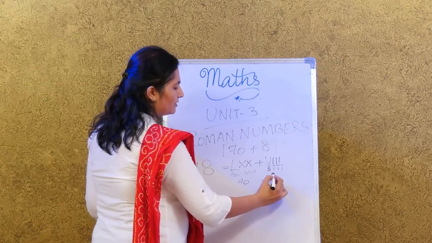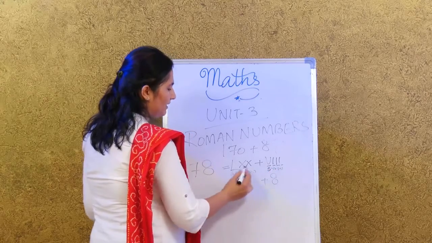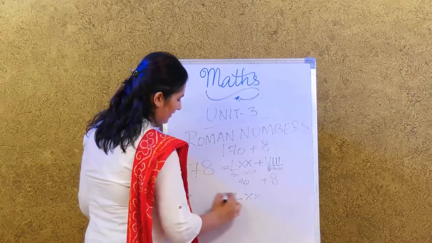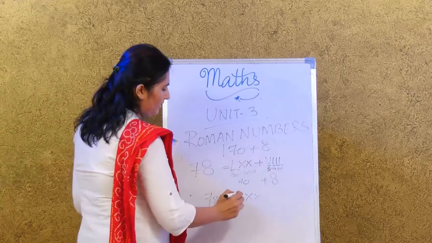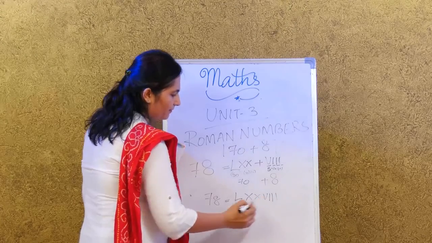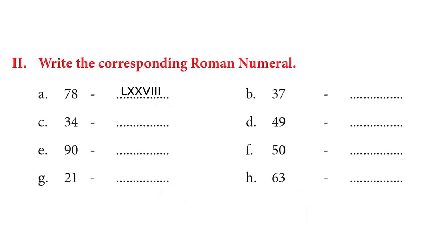So, this is 8. So, 70 plus 8, it is represented like this. 78 is represented like this, right. It's a little long, but that's the way the Roman letters are. Okay, moving on.